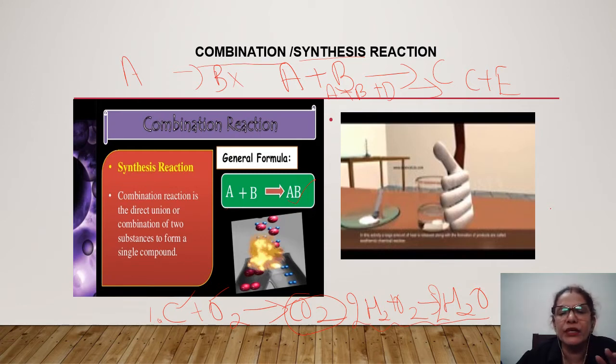So now for the combination reaction, let us just see an experiment which will be interesting to you, and how the combination reaction takes place.